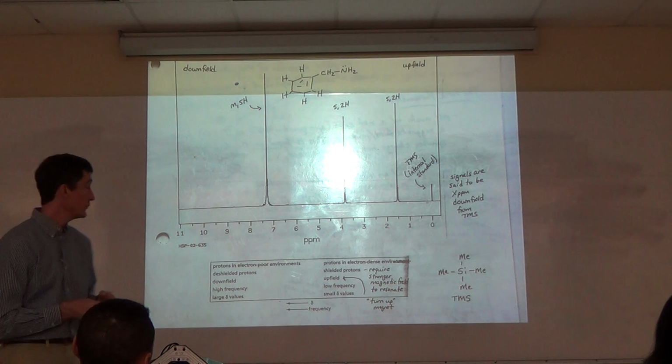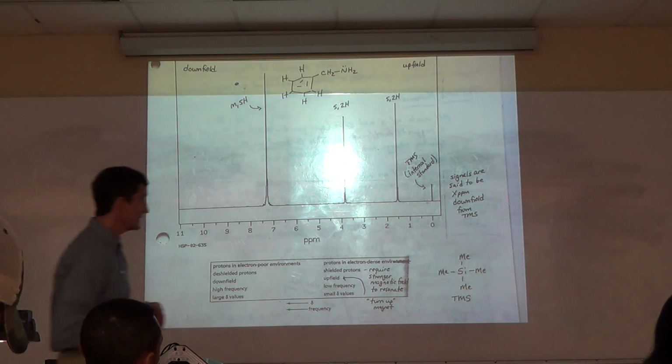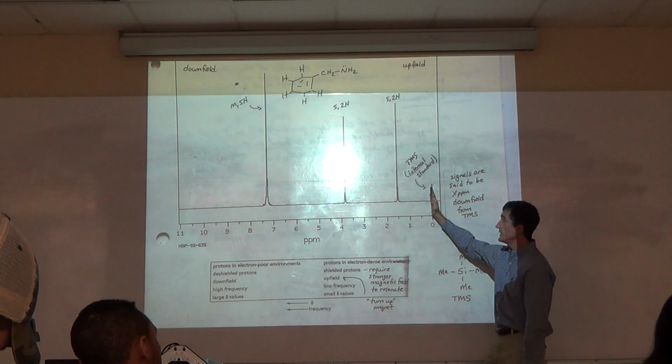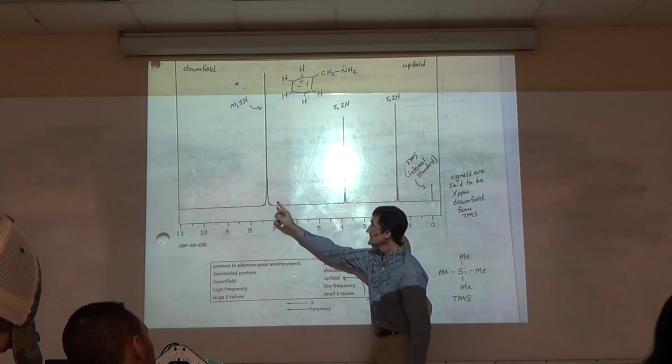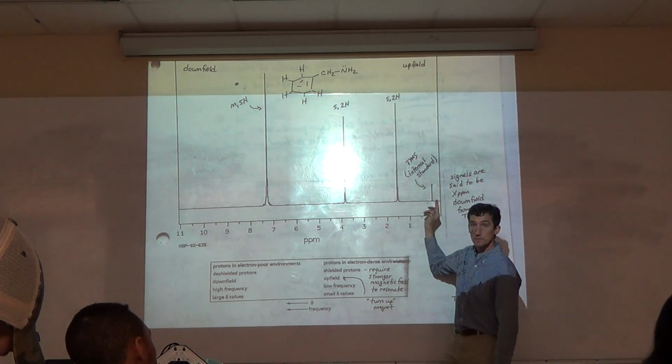It'd be very confusing if one day the peak was at 7.2 and then next week you're running it at 7.4 because the magnet changed its strength. To account for that, we include a standard. We set it at 0 and then we say this peak is always 7.2 downfield from TMS.